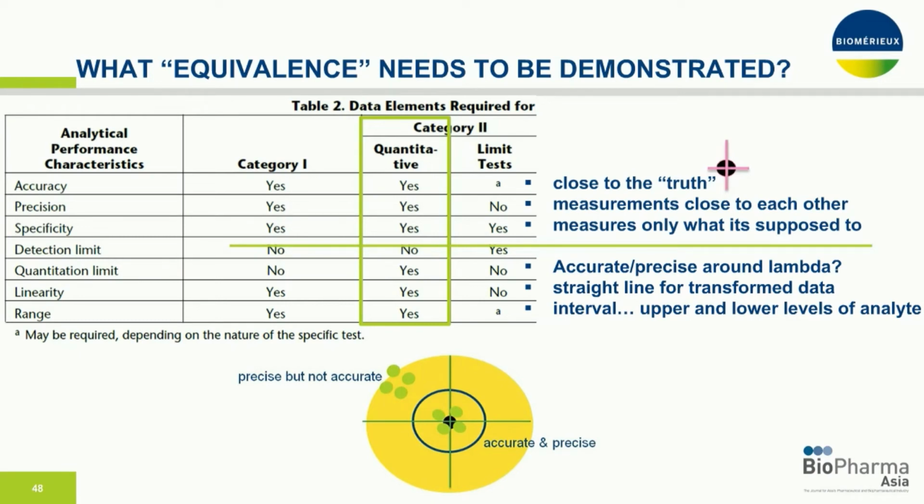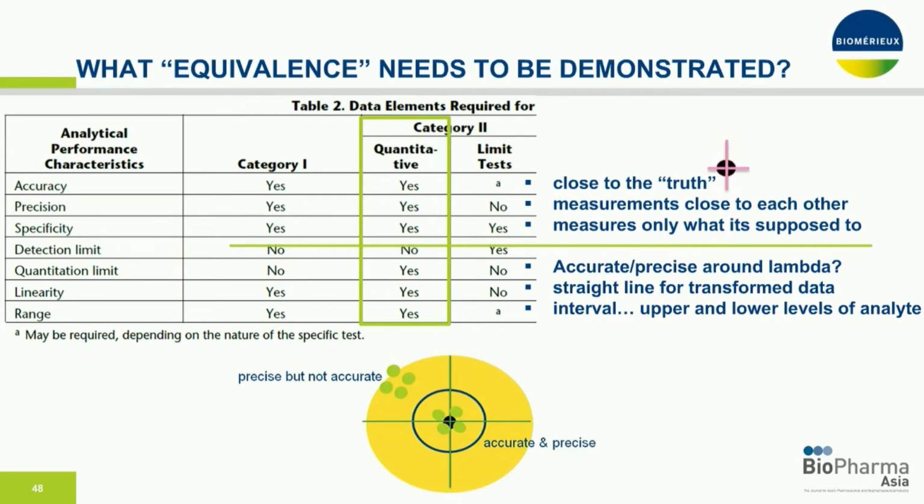Precision, as shown in the little target at the bottom, precision is how close the values are together to each other. So you could have a test that's precise but not very accurate. So they're looking for accuracy and precision. Specificity, we've already talked about that. Measures what it's supposed to.